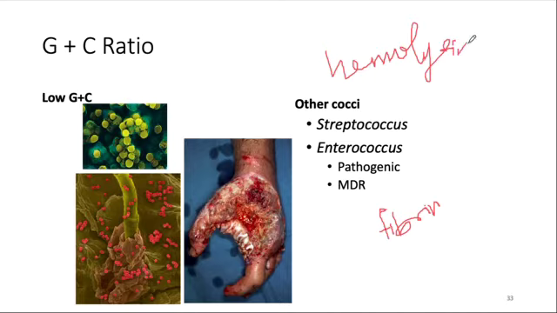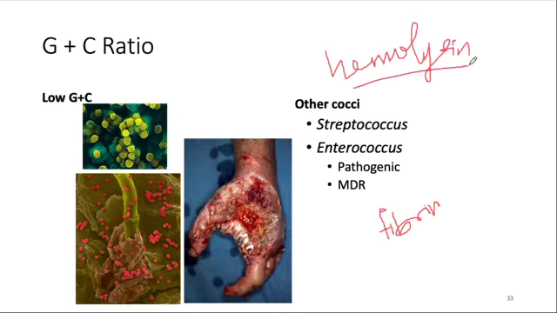So hemolysin is able to digest the hemo content of blood, so there is complete digestion of it. When completely digested, we say beta. If it's incomplete, it's alpha, and if there's no digestion, it's gamma. Then you have the enterococcus.